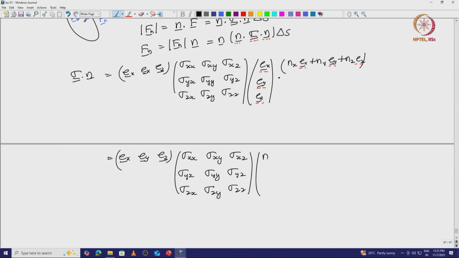Into n x, n y, and n z. That is what you will get if you do the dot product. And this is what is referred to as sigma dotted with n.